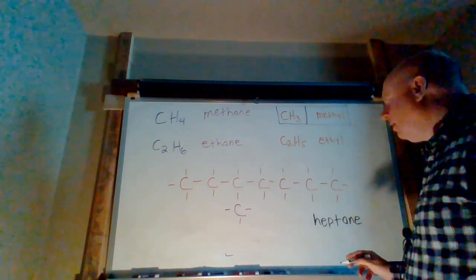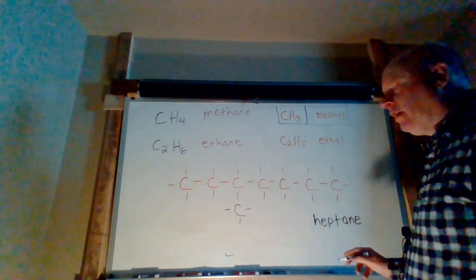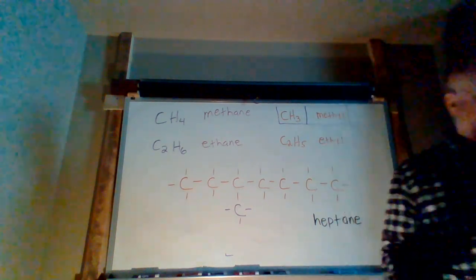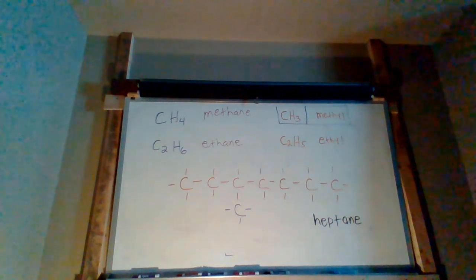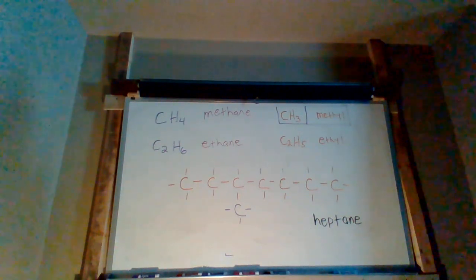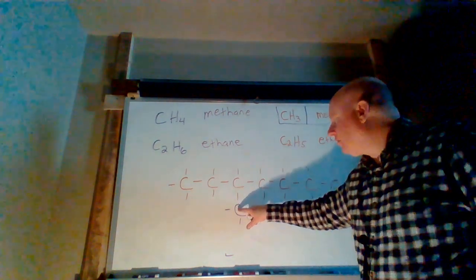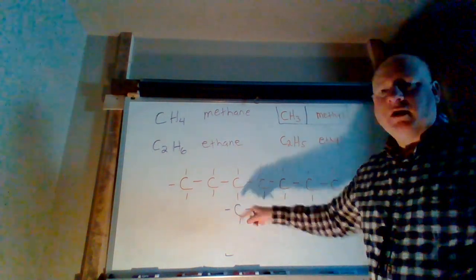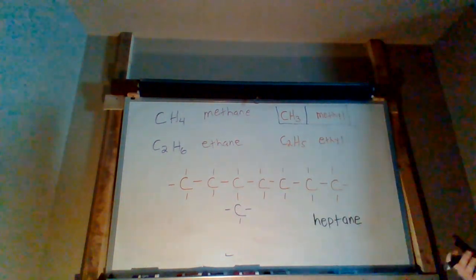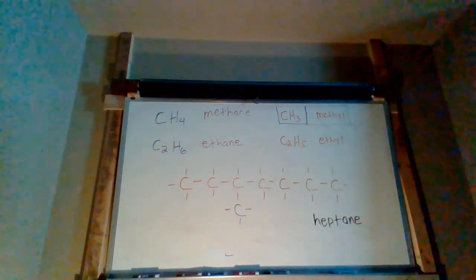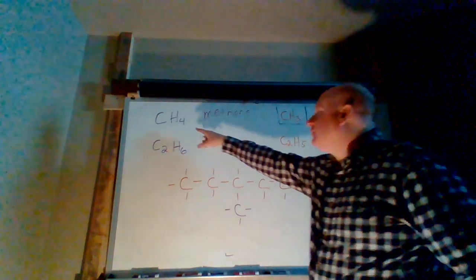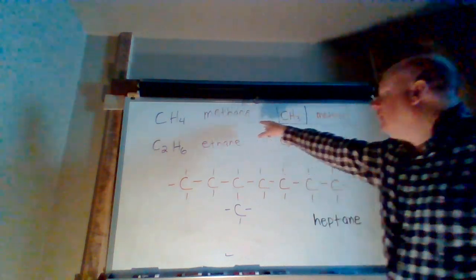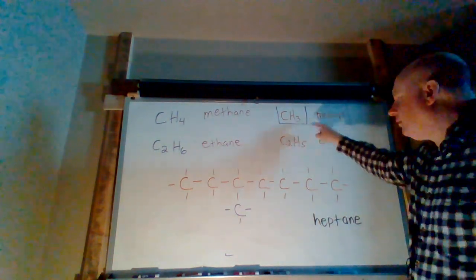Okay, and then is there anything branching off of that? And of course the answer to that is yes, and we see a structure with the formula of CH3. And ask yourself, what does CH3 mean? It is not methane, because methane has CH4. But we do see this as CH3 means there's a methyl group on here.